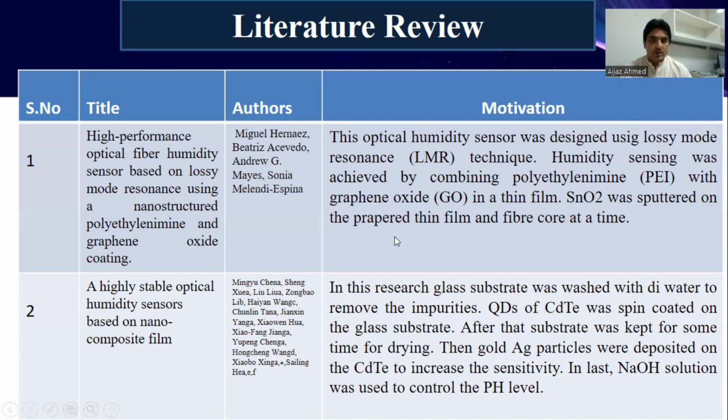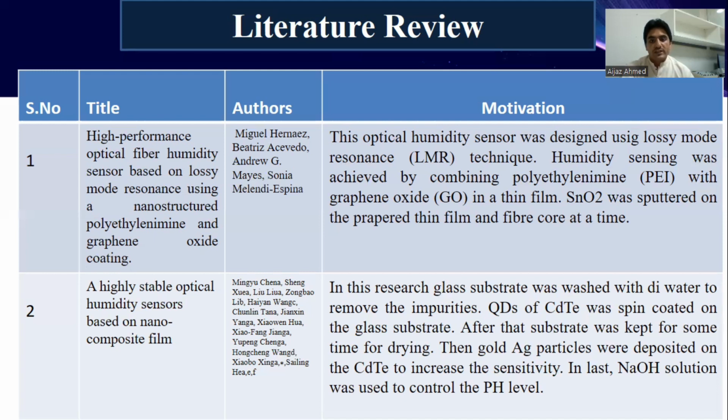The second paper that we studied was a highly stable optical humidity sensor based on a nanocomposite film. The summary of that paper is that the glass substrate was washed with DI water to remove impurities and dust. Quantum dots of cadmium telluride were spin coated on the glass substrate.